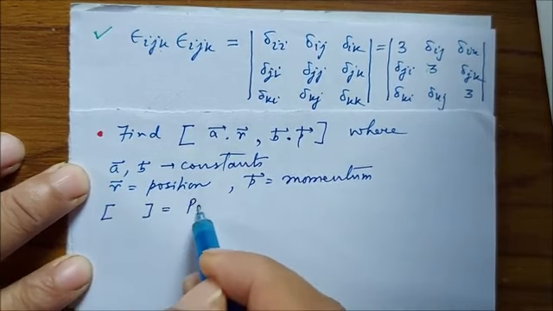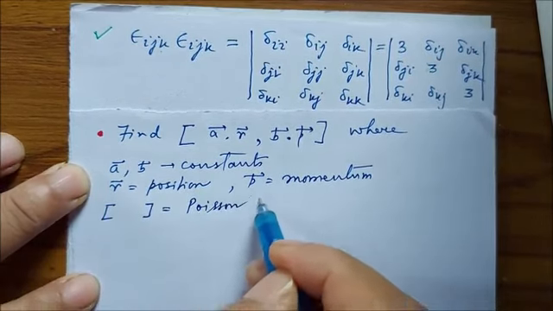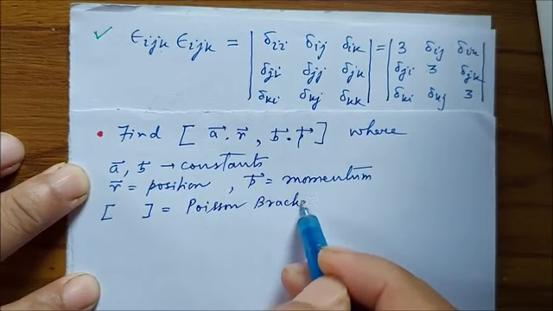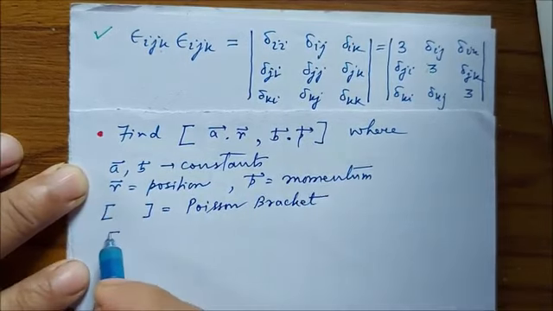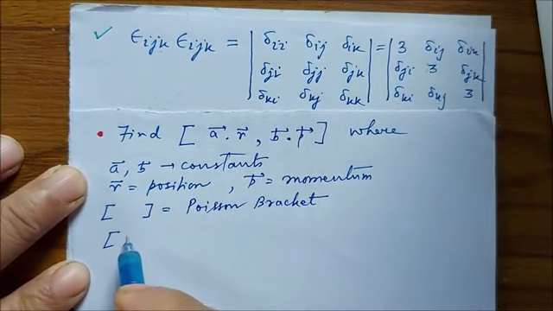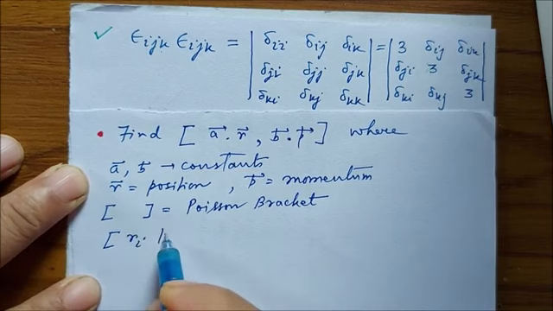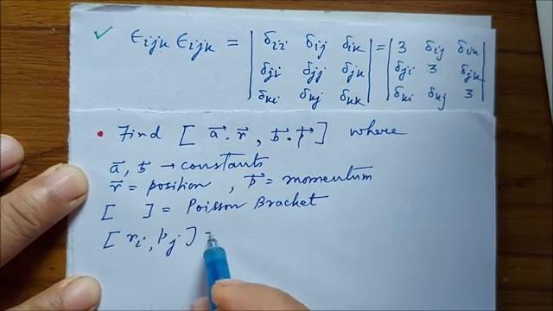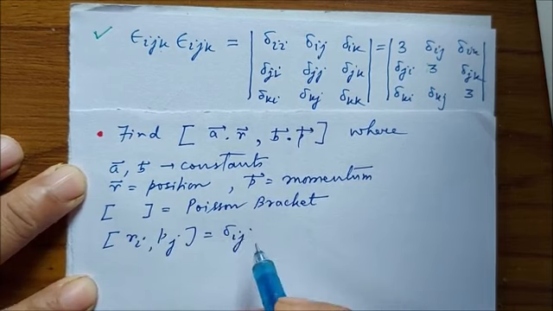This denotes Poisson bracket, and it is given that this is Kronecker delta ij.